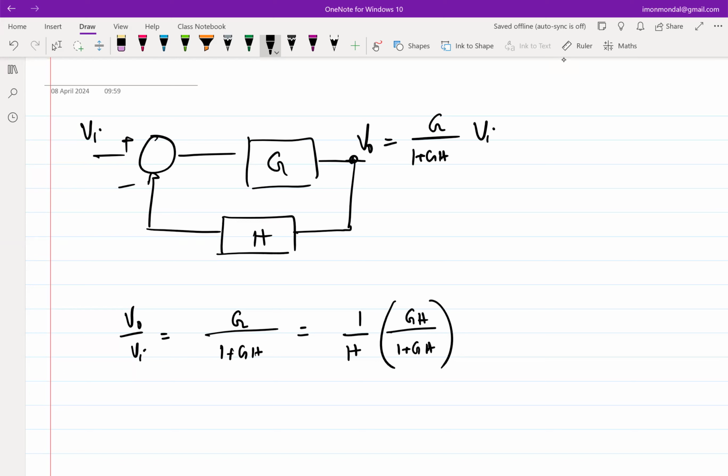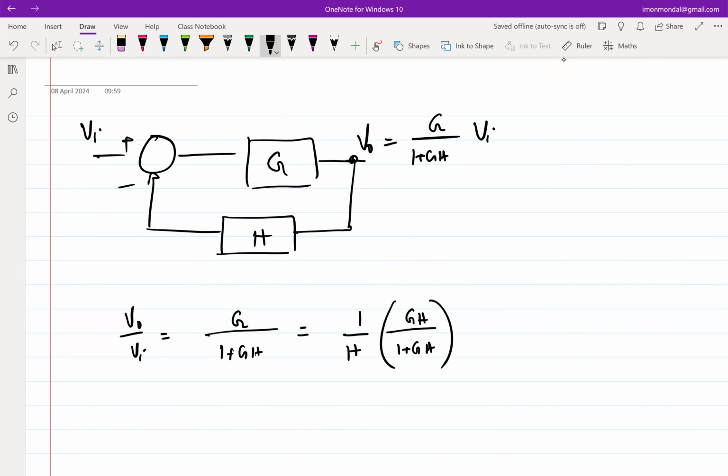So what do you want in this case? Yeah, but G is imperfect, right? We cannot make a good G. If we were able to make a good G, then we wouldn't have needed these loops. But what is accurate between G and H?